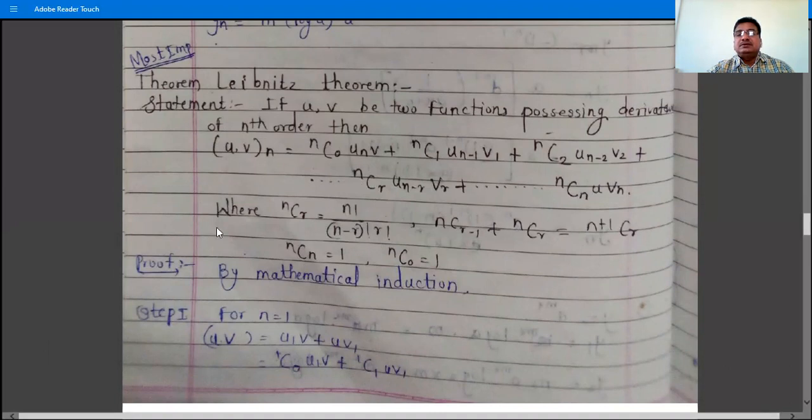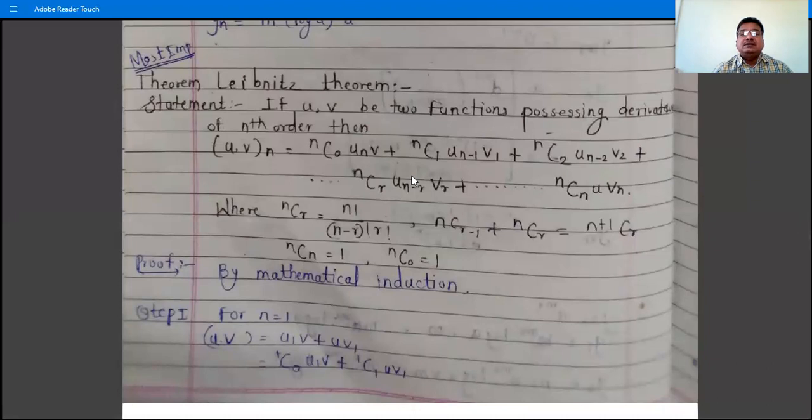So this is Leibniz's theorem. That is, if y is the multiplication of two functions u into v, then its nth order derivative is this.